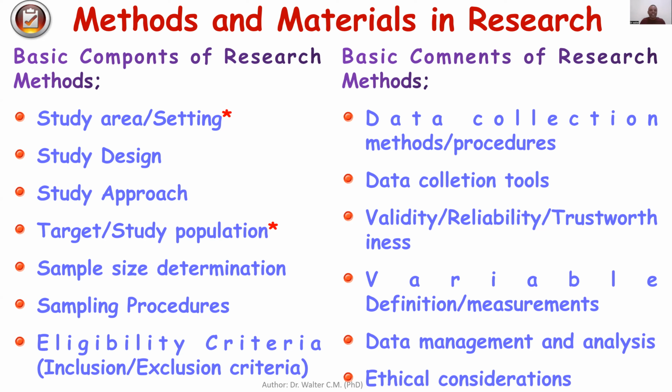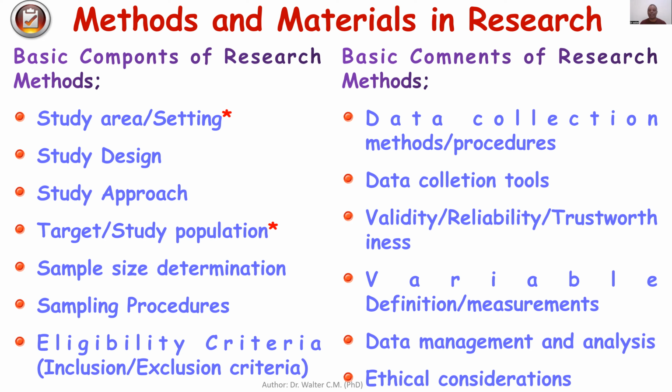We have study design, study approach, target or study population, sample size determination, sampling procedures or methods, and eligibility criteria, where we find the inclusion and exclusion criteria. We have data collection methods, which some people call data collection procedures, data collection tools, and validity and reliability of the research tools or instruments. We have variable definitions and variable measurements, and data management and analysis.